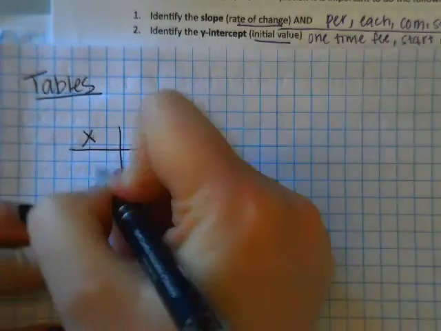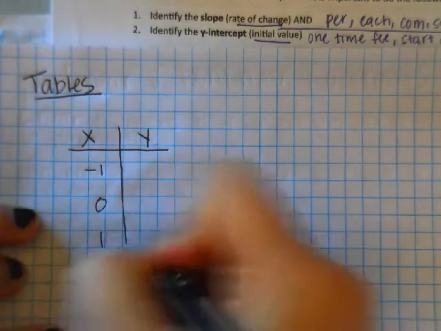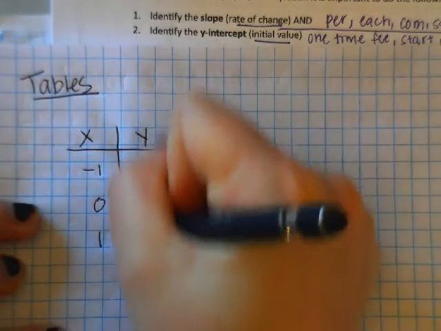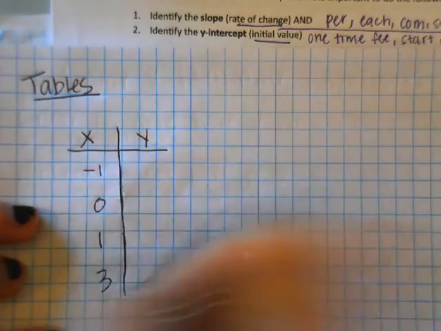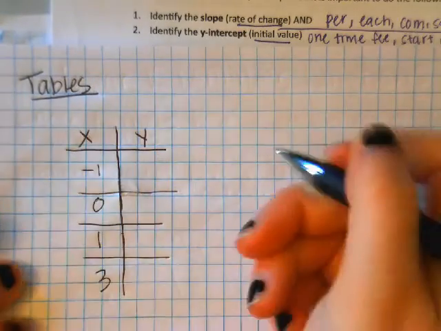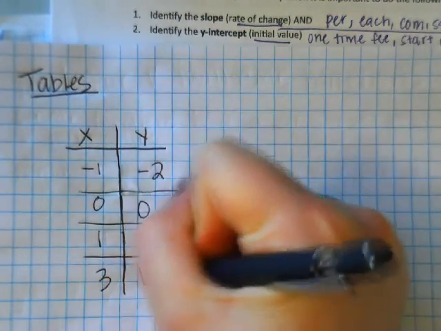Let's say we have -1, 0, 1, and then 3, for example. All right, and then we have -2, 0, 2, and 6.